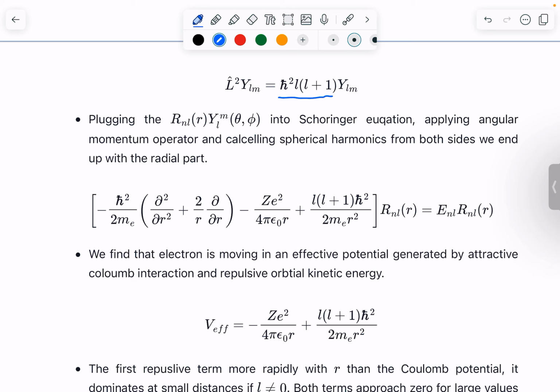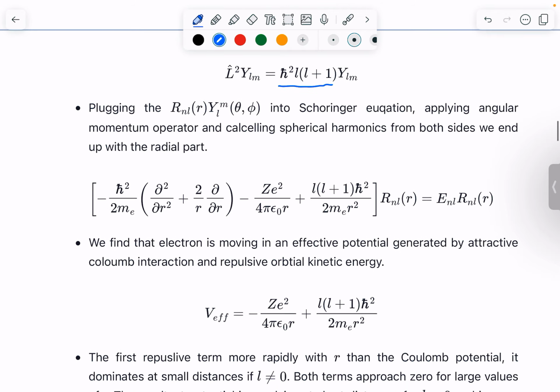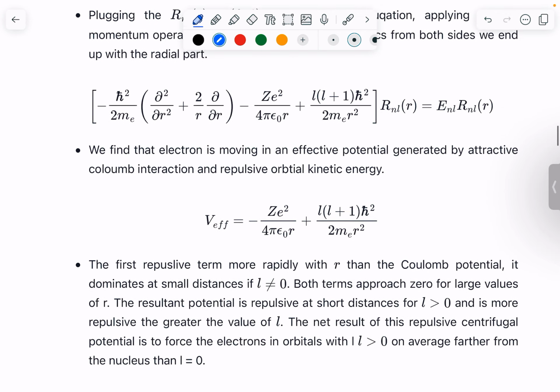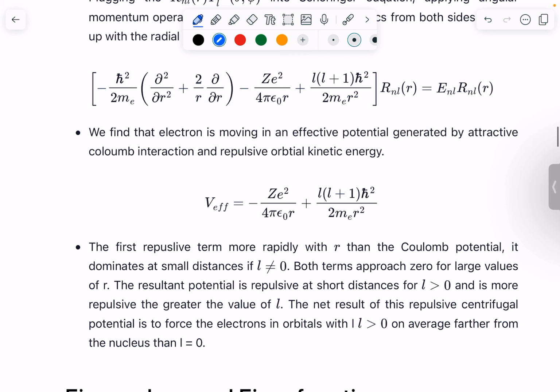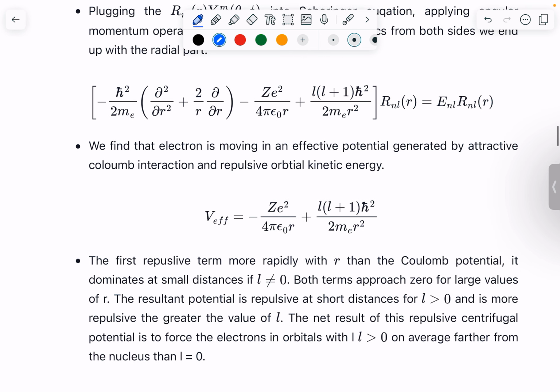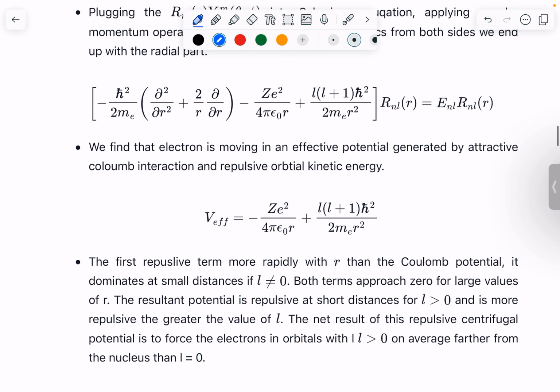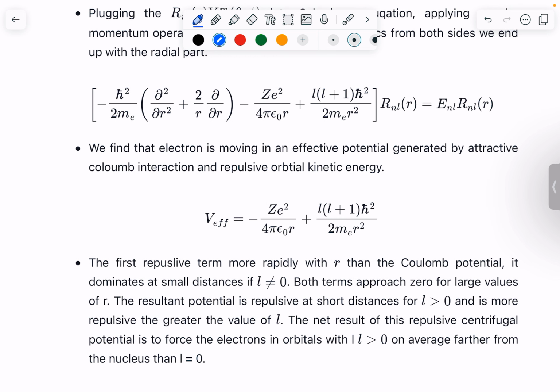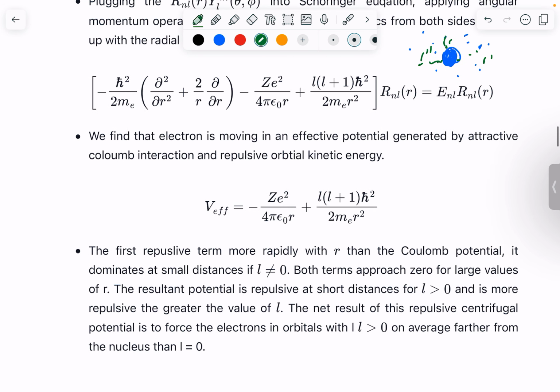So we're just going to focus on the radial part, plugging the eigenvalues into the Schrödinger equation. We're down to a one-variable problem that only depends on r, the distance of the electron from the nucleus. The electron could be somewhere with different probabilities described by a wave function, and it can have different distances: maybe r here, r prime here, r double prime there. This is the problem we're trying to solve.